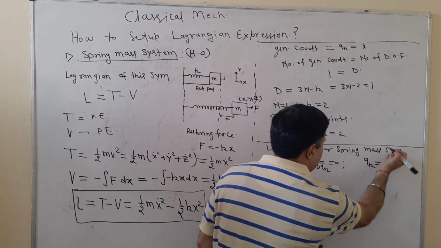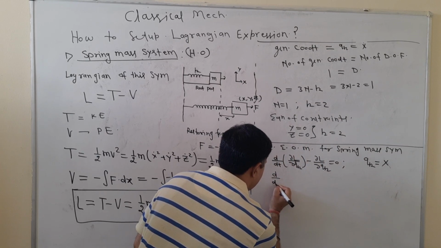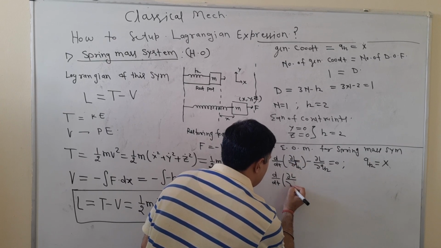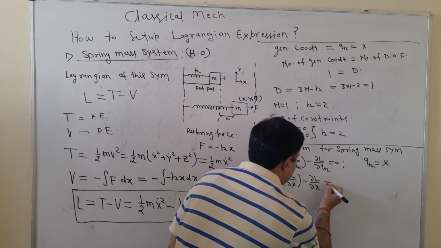Here qk is simply x. So d by dt of del L by del x dot minus del L by del x is equal to 0.